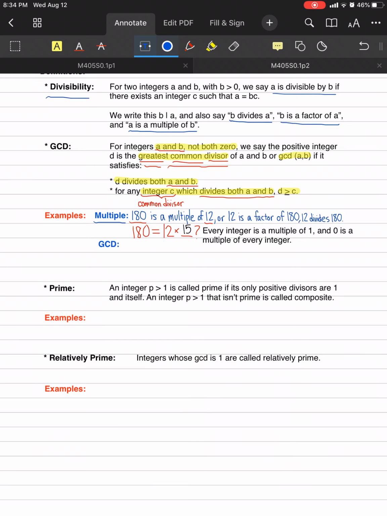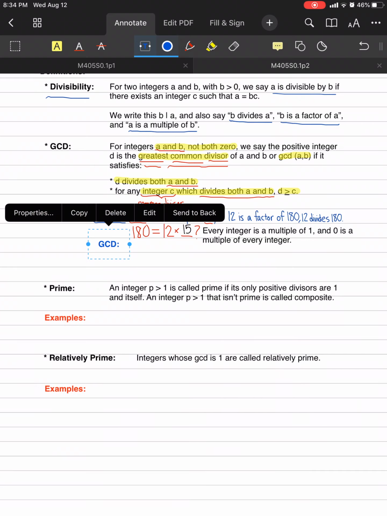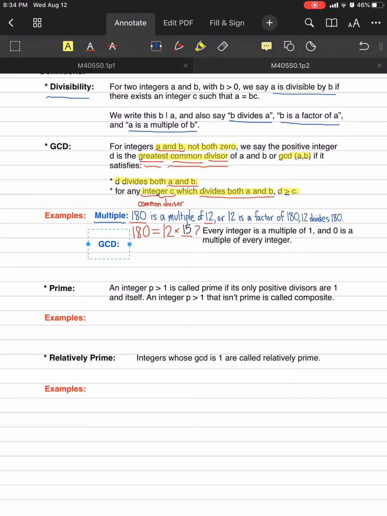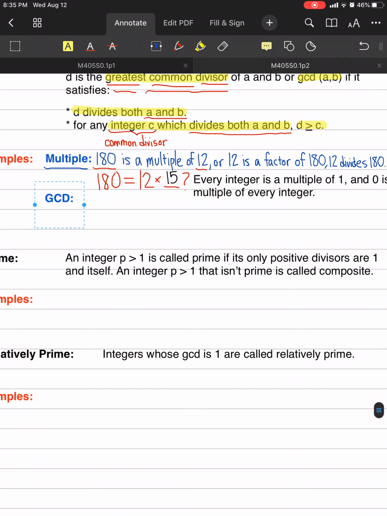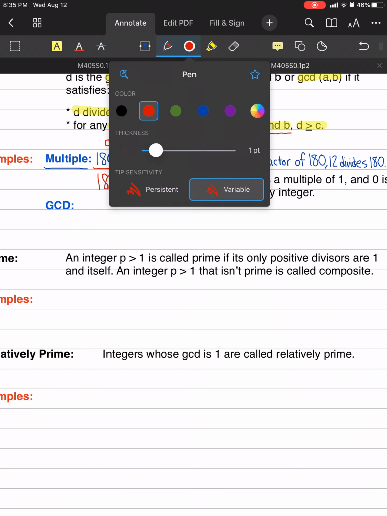Okay, so there we go. Oops, that is not what I wanted. There we go. Okay, so we're going to look at a GCD now. I'm probably going to have to, in fact, let's move that down a little bit. Yeah, there we go. Okay, so let's actually look at, let me pick two numbers here.